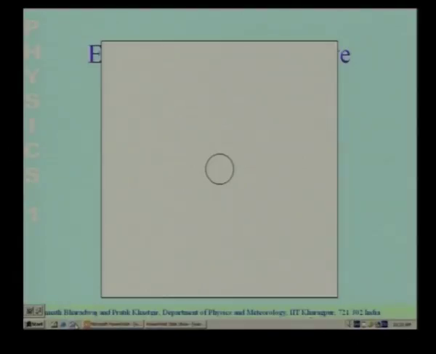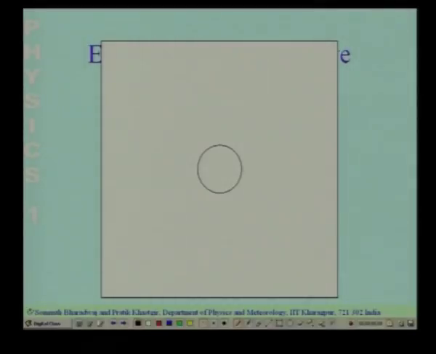So if I had a source located at the center over here, and there was a wave coming out from this, the evolution of the wave would be described by an outward going wave.